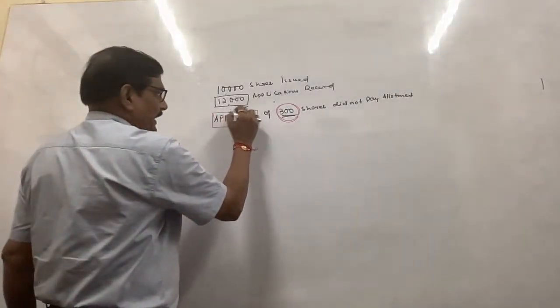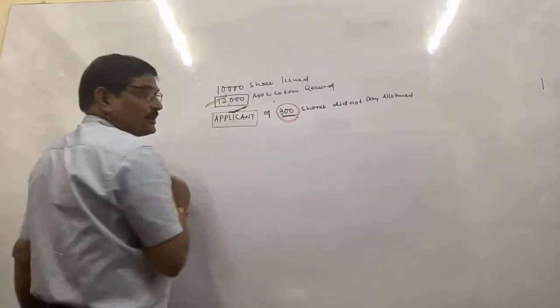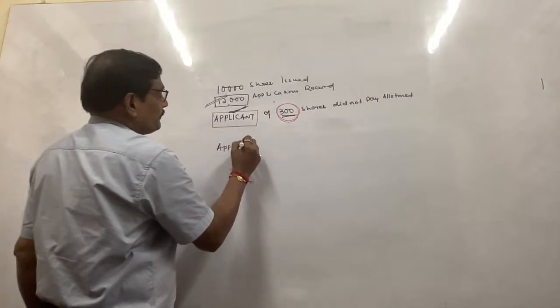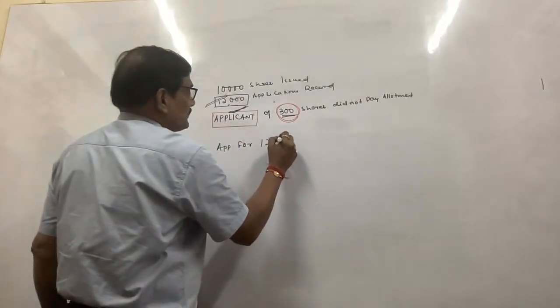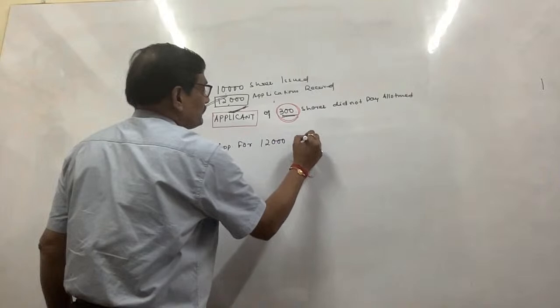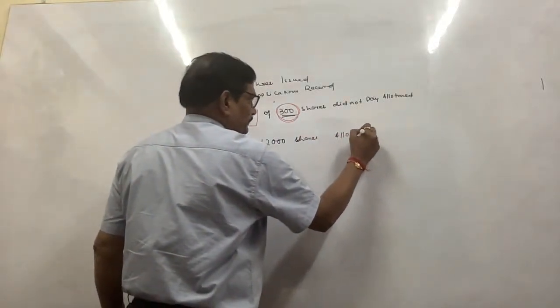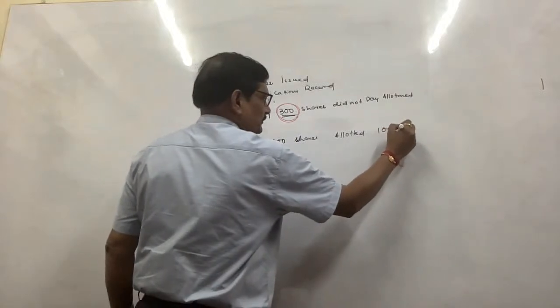When it is given applicant, start from the applications. Applied for 12,000 shares, allotted 10,000 shares.